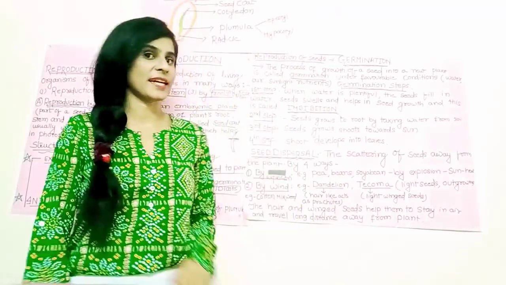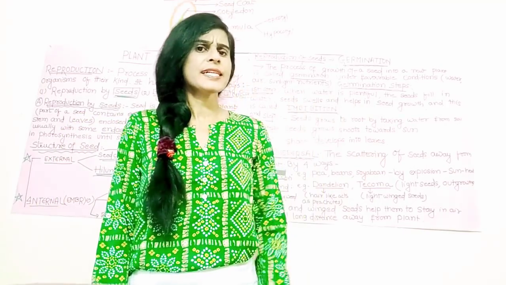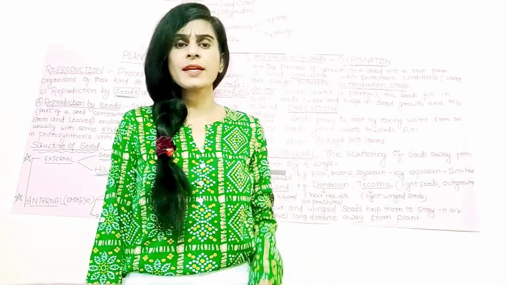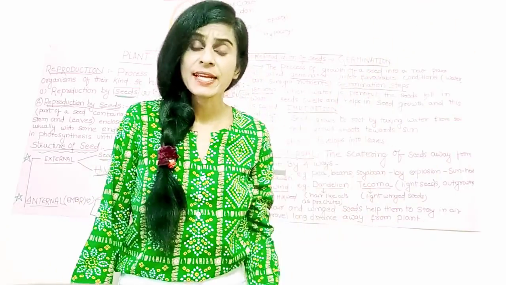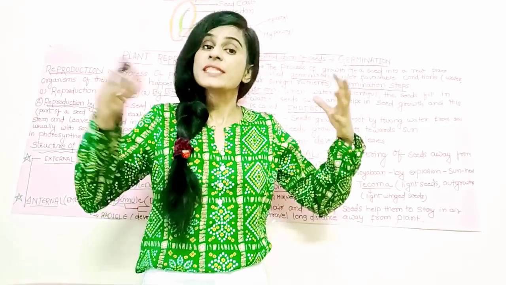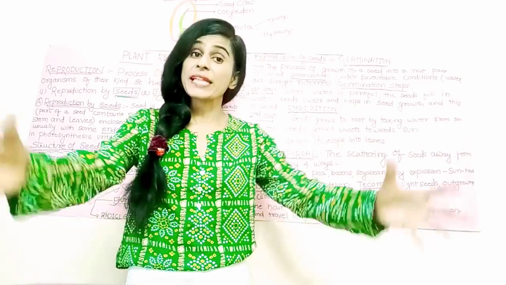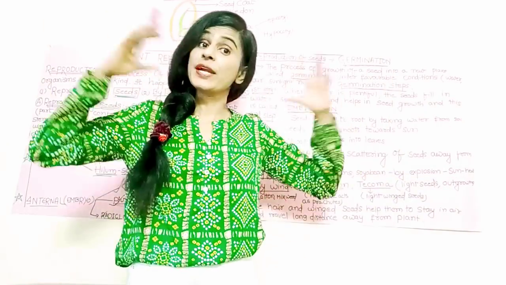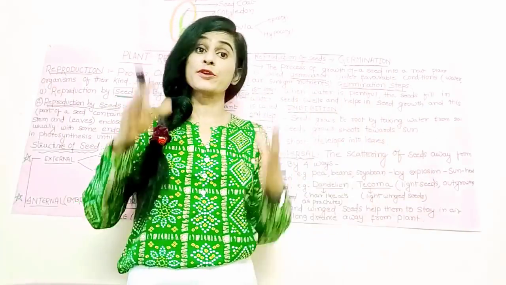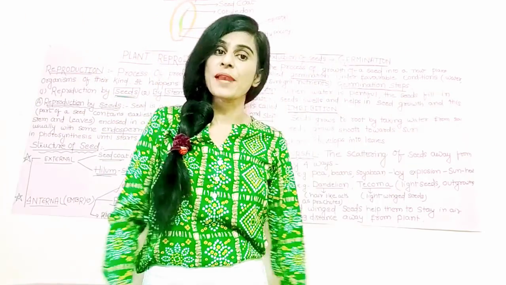What are favorable conditions? Seeds also require nutrients, water, air, oxygen and sunlight to germinate. Those are the favorable conditions. So when these favorable conditions are good enough, then definitely your seeds will grow and germinate into a new plant.